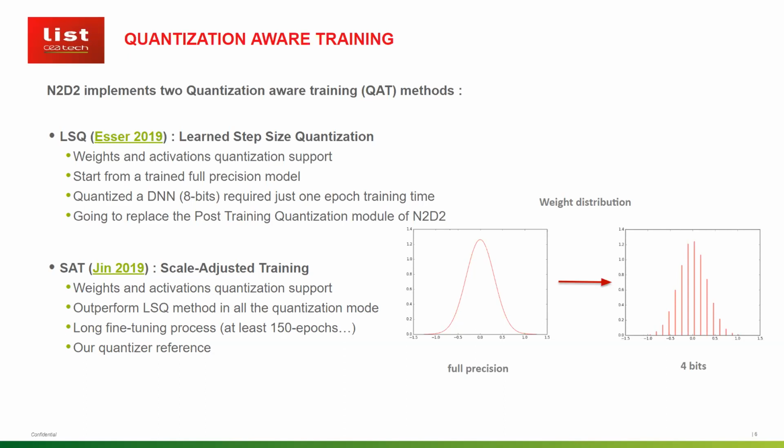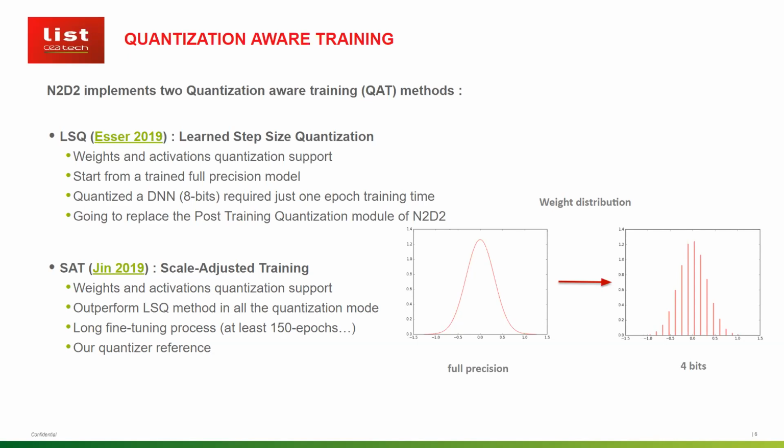So the second method actually outperforms the LSQ method, at least on the networks we tested, which are MobileNet type networks. But the fine-tuning process is extremely long. It's at least 150 epochs for the MobileNets, but we know that MobileNets are very compact networks.